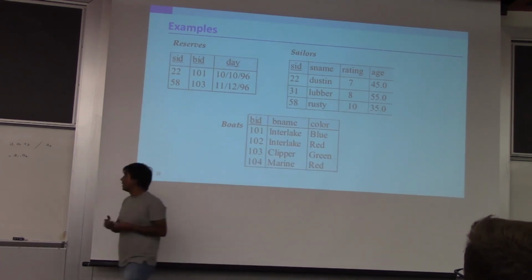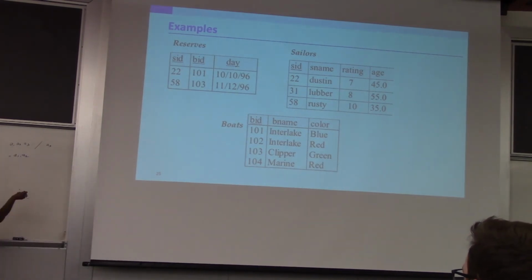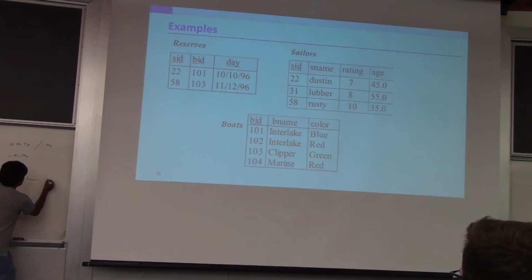So in the division operator, if you divide with BID, B name, and color, with anything that doesn't have this B name and color.